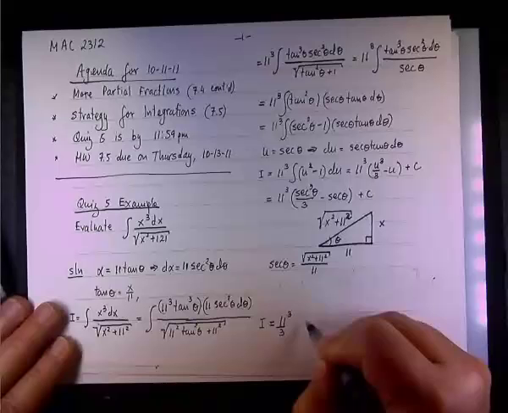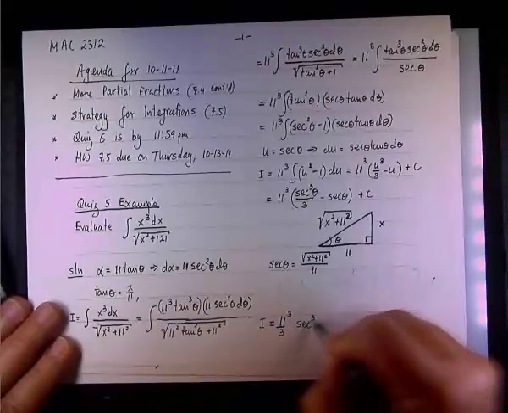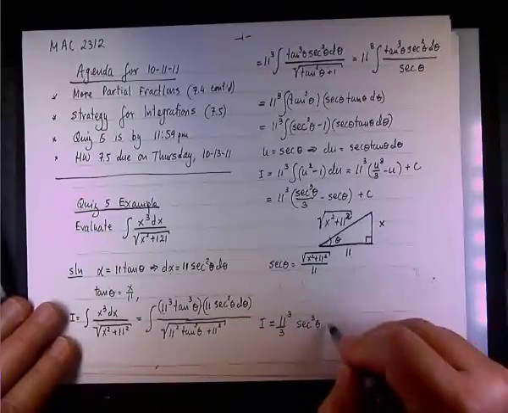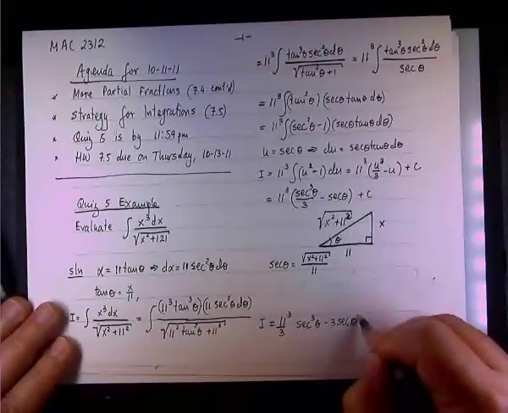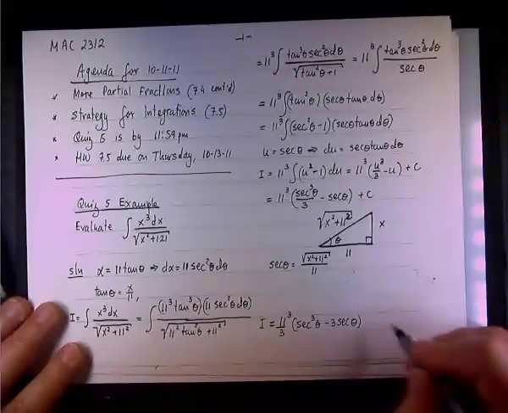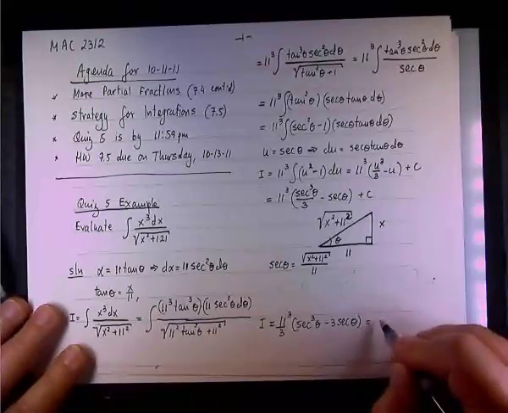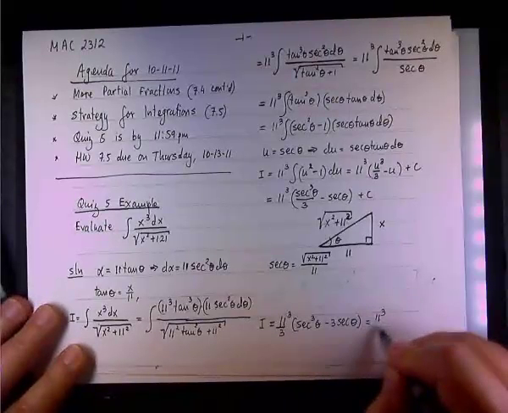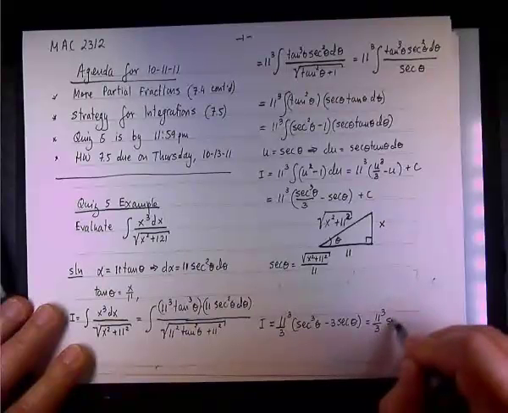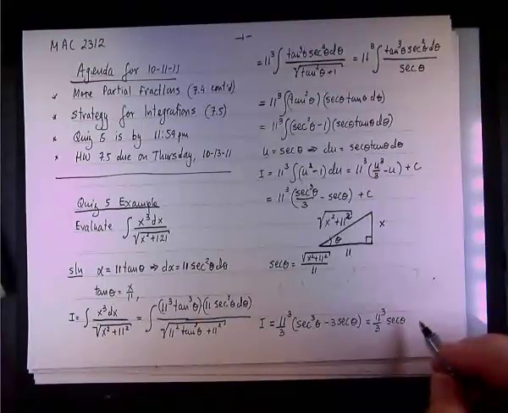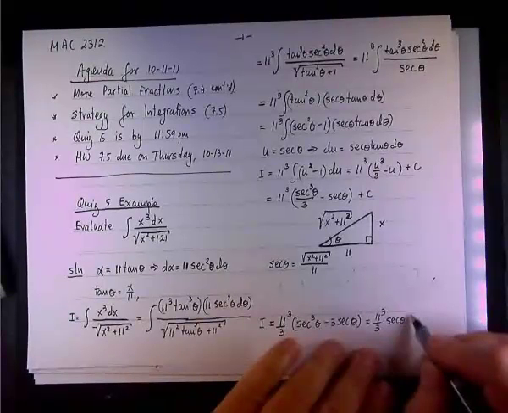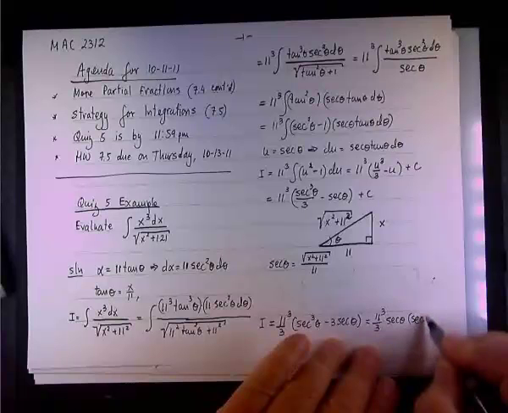But go back here, right, and do the following. We leave the 11 cubed outside. There is not much I can do about it. But now I'm going to write 11 cubed over 3 and get secant cubed of theta minus 3 secant theta, like so.